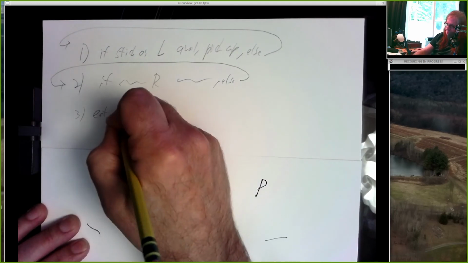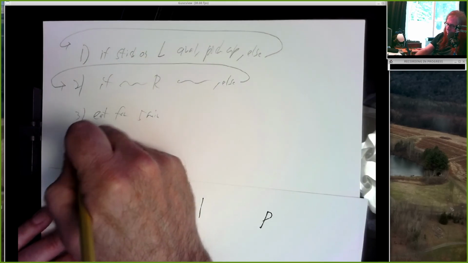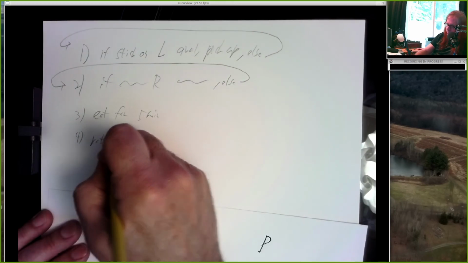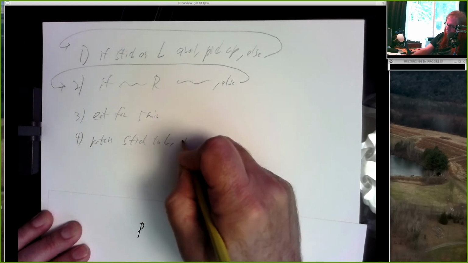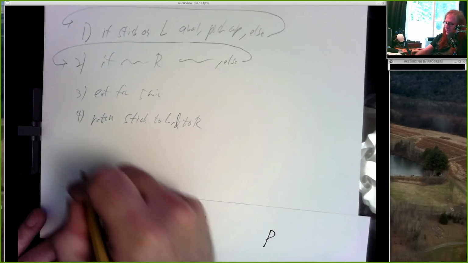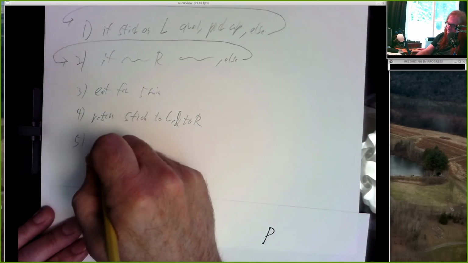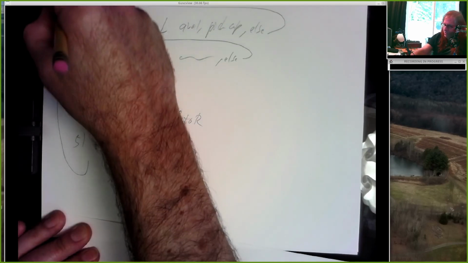And then eat for 5 minutes. Return the stick on the left and return the stick on the right, and then talk for 5 minutes, and then go back up to the top.